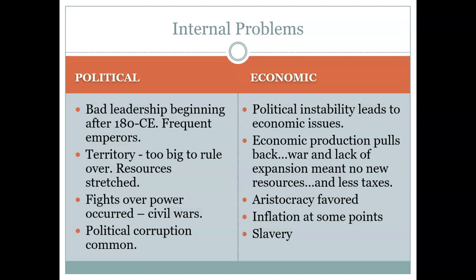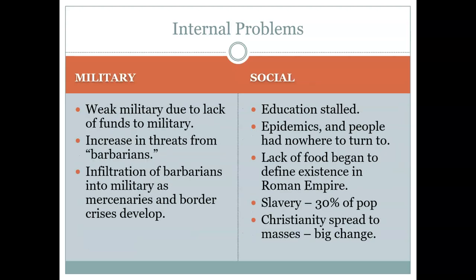There's inflation. There's also a situation of slavery throughout the Roman Empire. About 30% of the society is enslaved. So there's a bunch of economic problems and a lot of political instability. The military, which had traditionally been strong in the Roman Empire, starts to be weak because of a lack of funds.